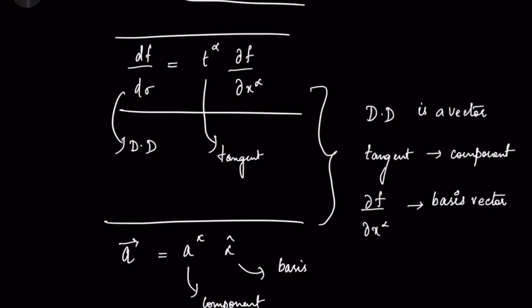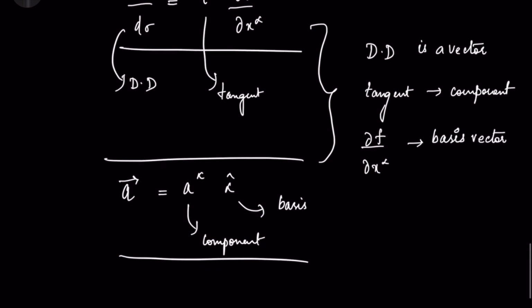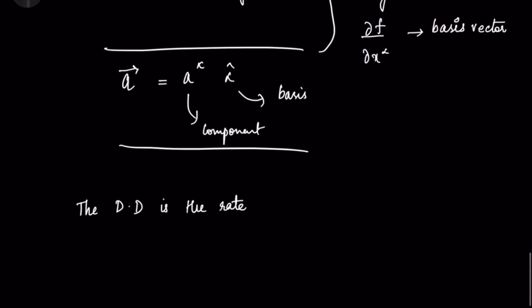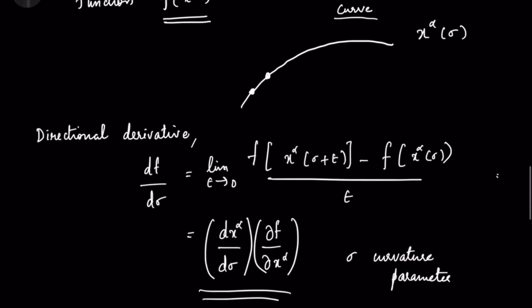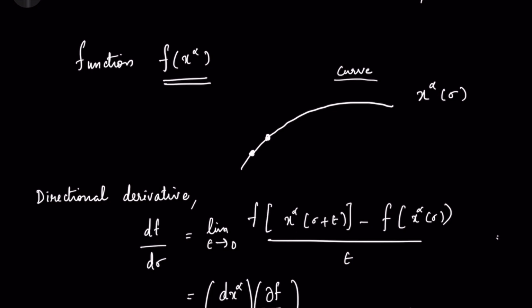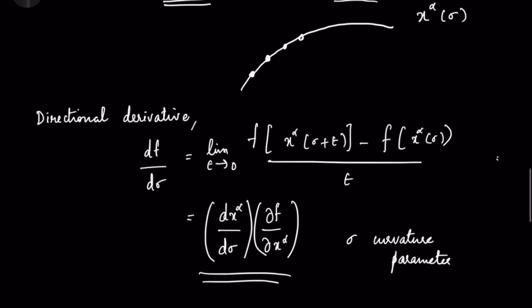So the directional derivative is the rate at which a function changes at a point in a specific direction, right? Sigma is a curvature parameter, so when you change sigma, you will get different points like this. The directional derivative is the rate at which a function changes at a given point in a specific direction.